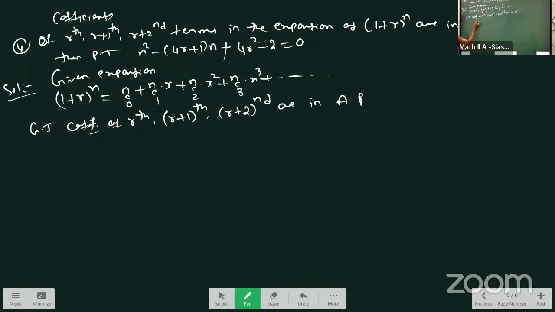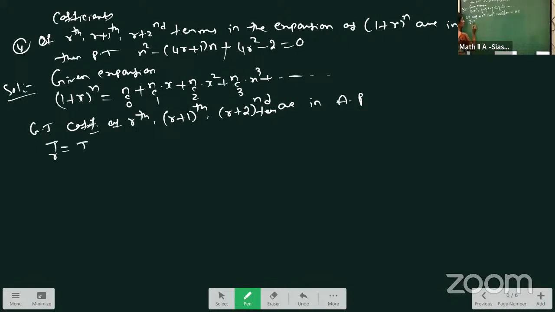So he is not asking the coefficient of x to the power r, he is asking the coefficient of the rth term. Terms are in AP. So first we have to take the rth term.